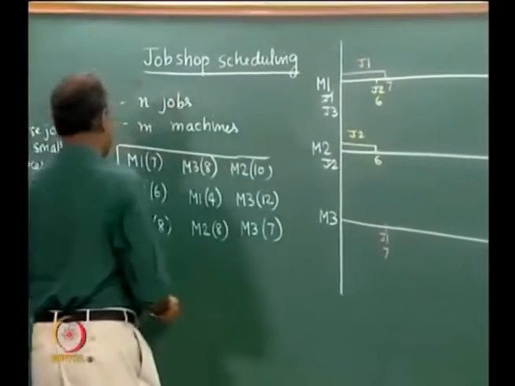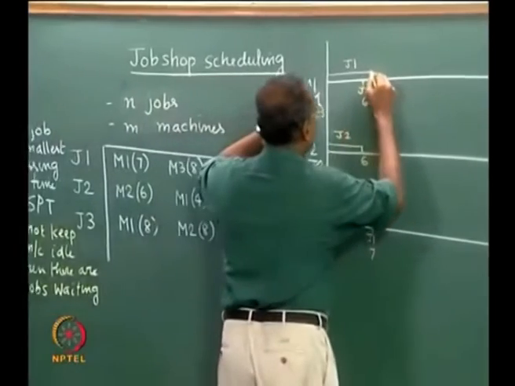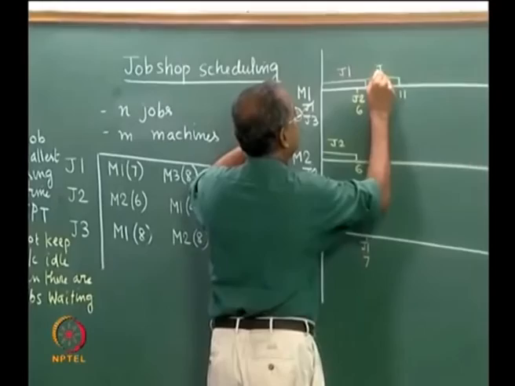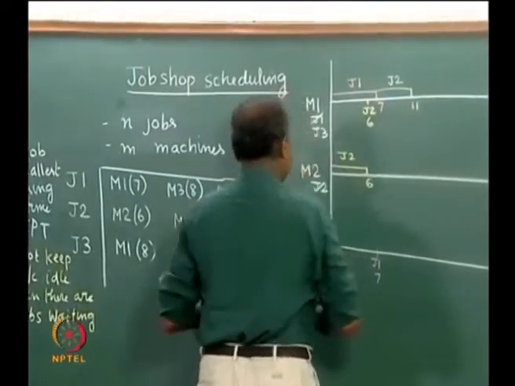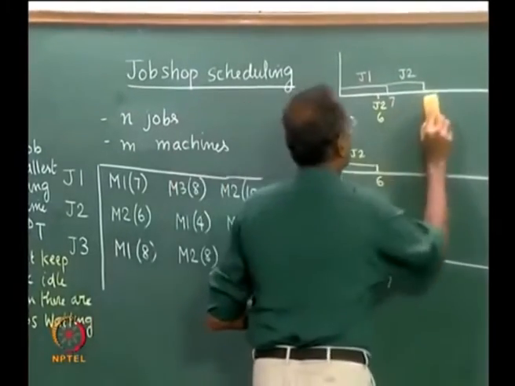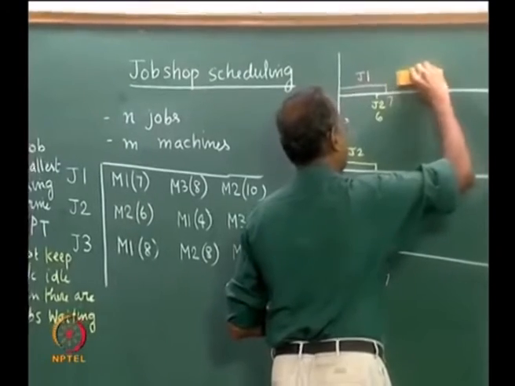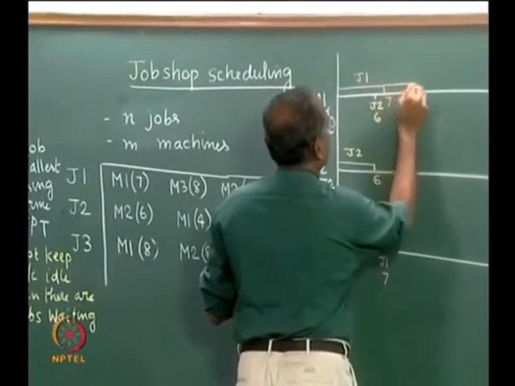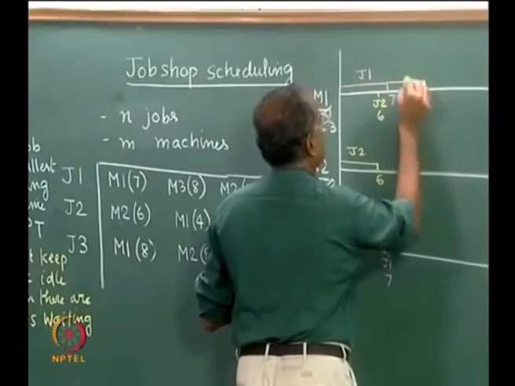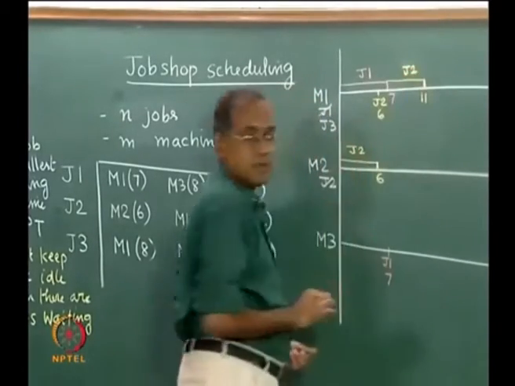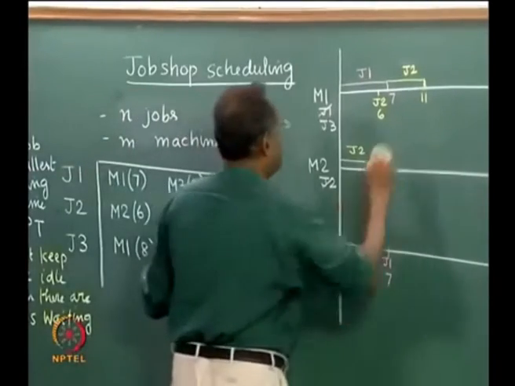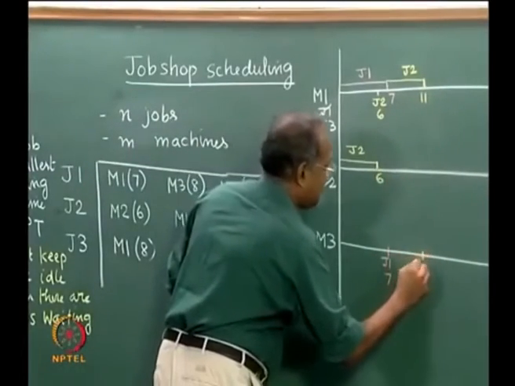So, we start J2 at 7, takes another 4 units. So, at 11 J2 is completed, and J2 will go to M3 at time equal to 11.